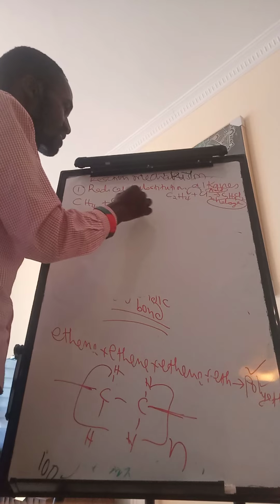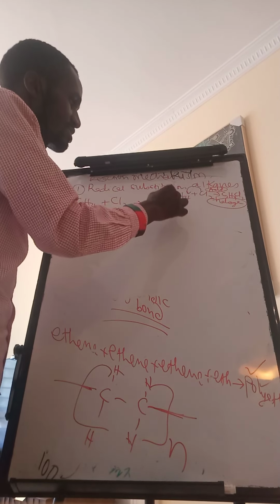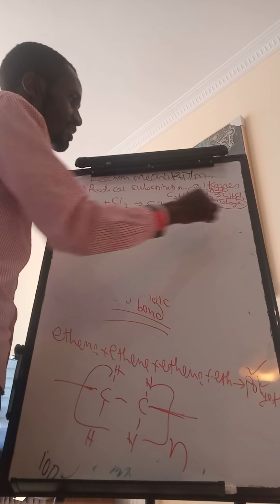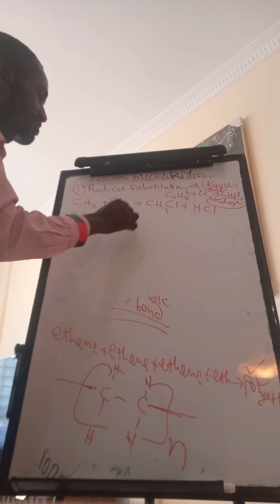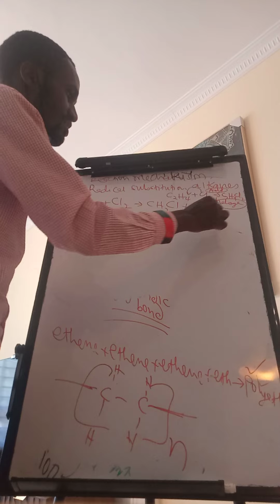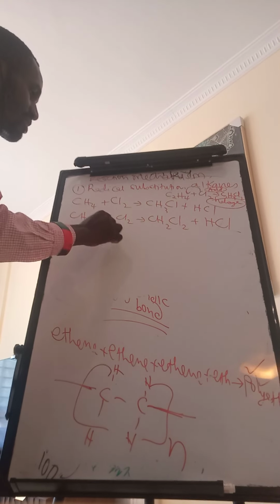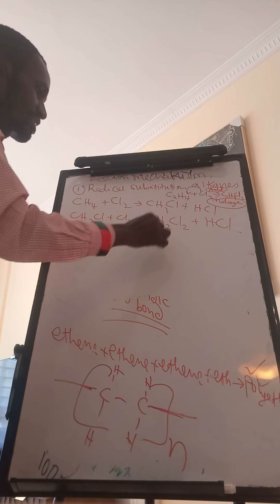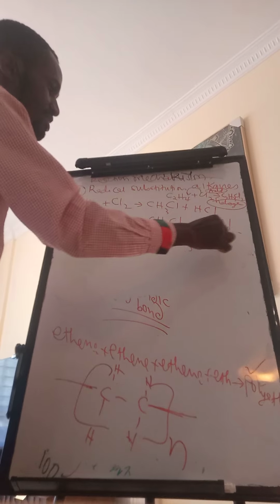For example, I'm going to have CH3Cl plus HCl. Then again CH3Cl plus Cl2 gives CH2Cl2 plus HCl. Then you have CH2Cl2 plus Cl2. What do you get? CHCl3 plus HCl.